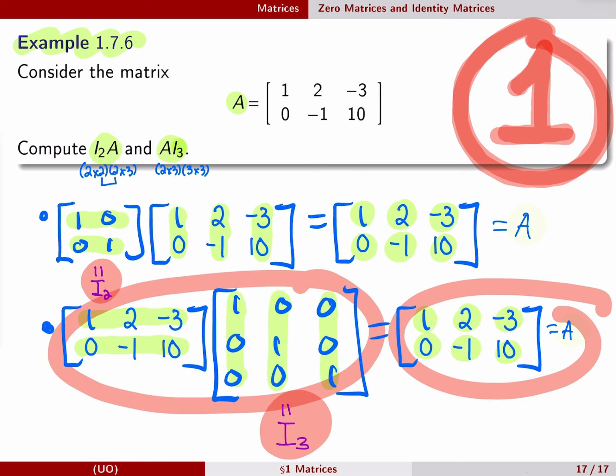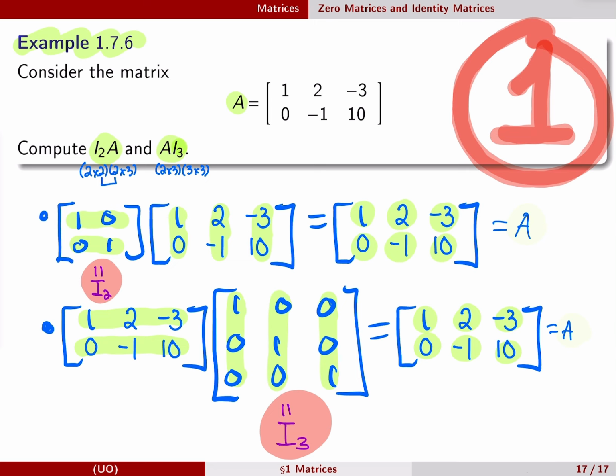A times I3, you're going to get A again. So when I multiply I2 times A, I get A. When I multiply A by I3, I get A. So that identity matrix, or those identity matrices, are just like the number one for real numbers.